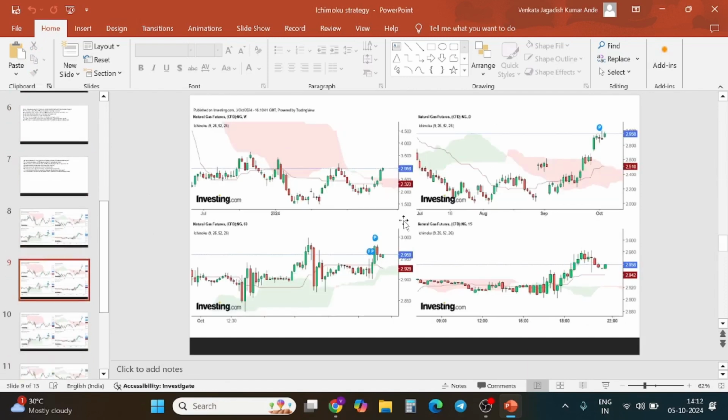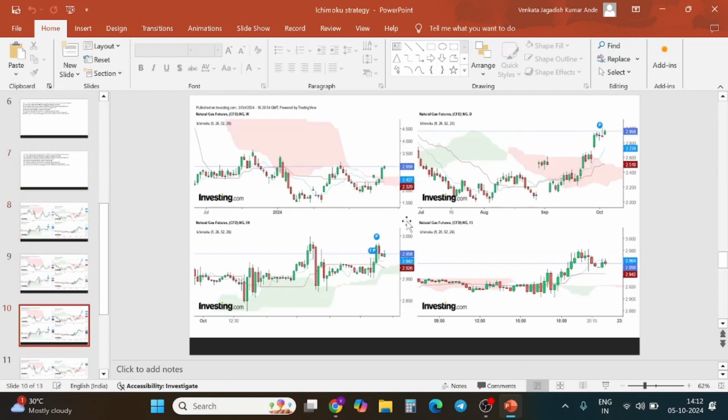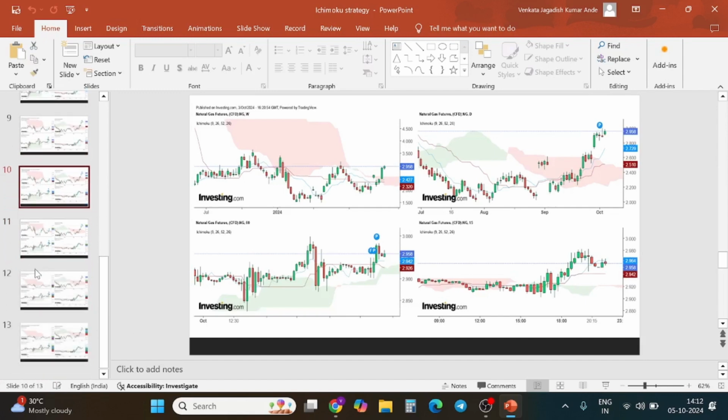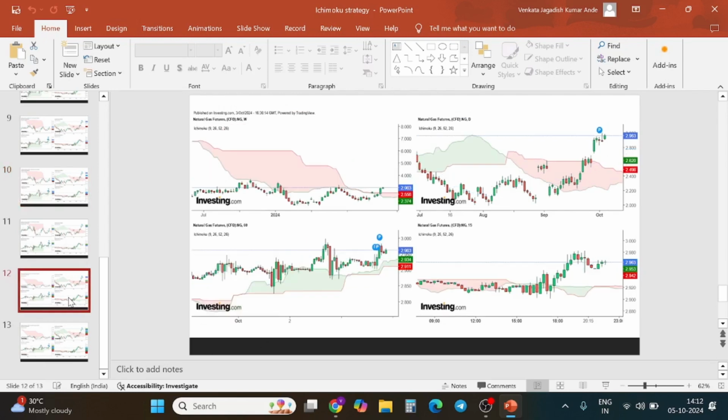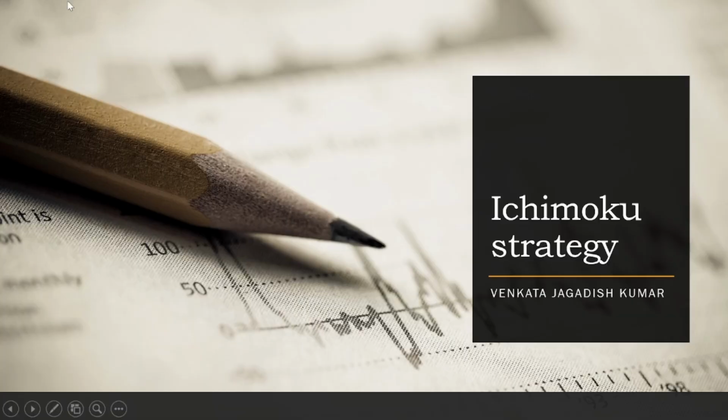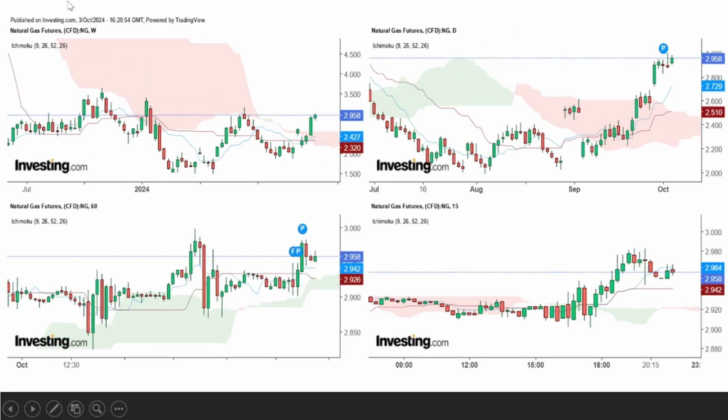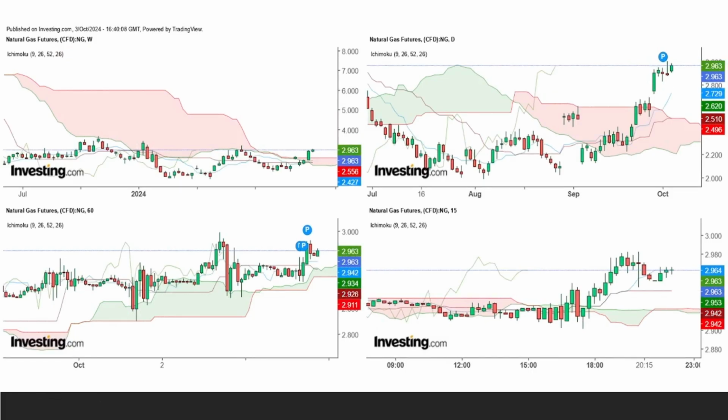More importantly, traders are more interested to take into consideration all the lines which have been shown in the last chart here. This is the last chart.